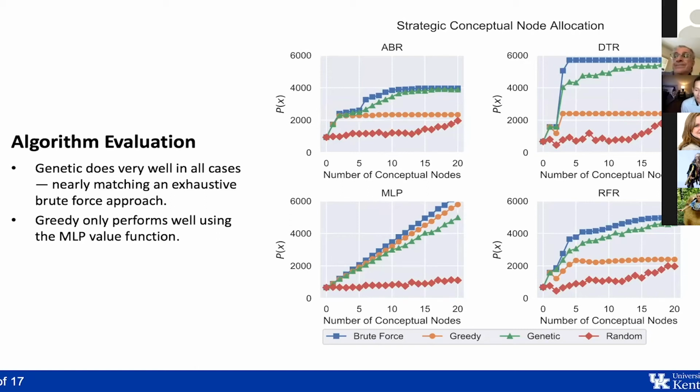The reason for this is likely due to the fact that the MLP behaves more in a linear fashion compared to the others, and so the greedy algorithm was just more able to capture that behavior, whereas in the other cases, it wasn't really able to pick up on that nonlinearity.